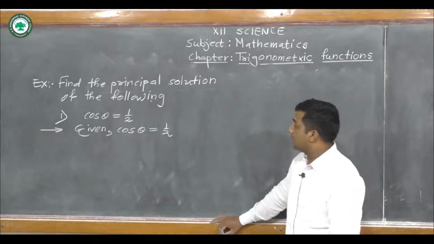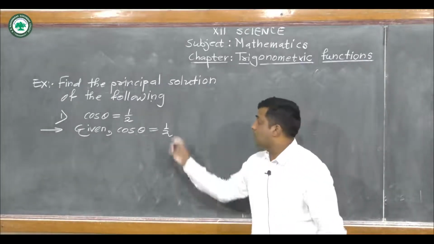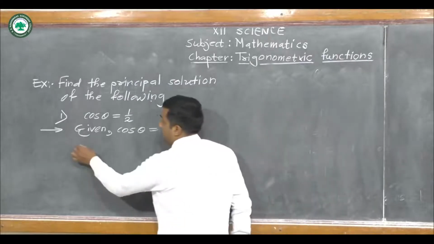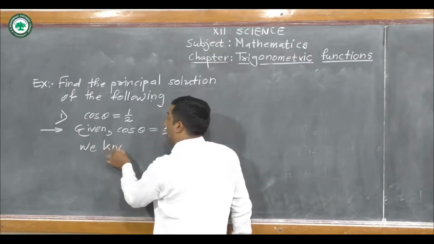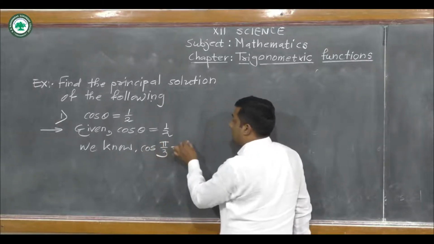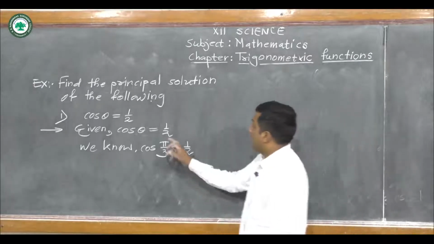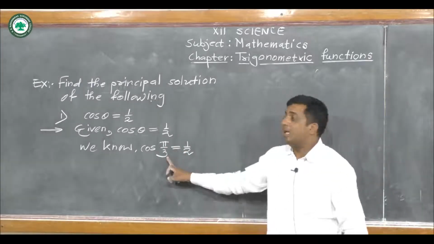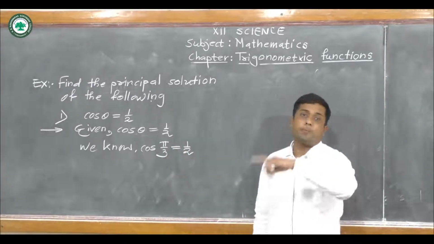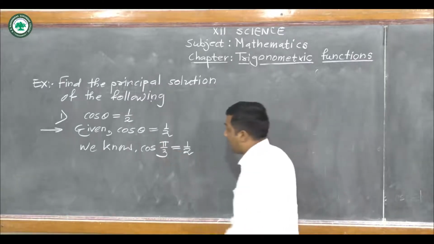Now everyone knows cos of pi by 3, that is cos 60, is 1 upon 2. Here we know cos of pi by 3 is equal to 1 upon 2. Now this pi by 3 lies in between 0 and pi.